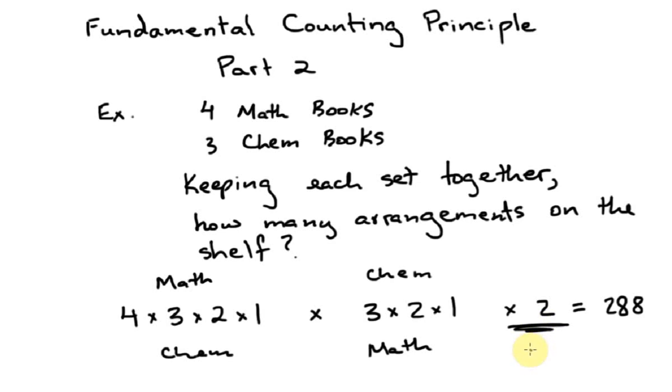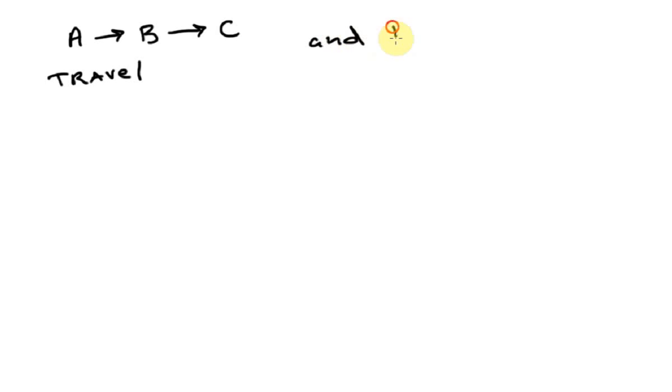Okay. Now we're going on a trip for my second and last example of the day. We are traveling from point A to point B and then to point C. So this is the travel question. We're on a little trip and then back. So we've traveled from points A to B to C, and then we're going to go back again.